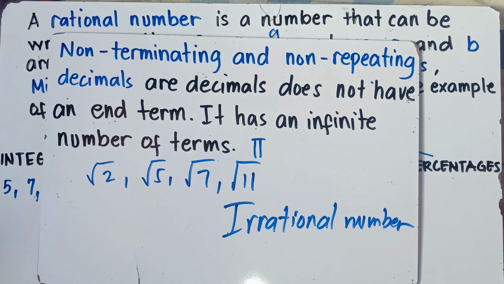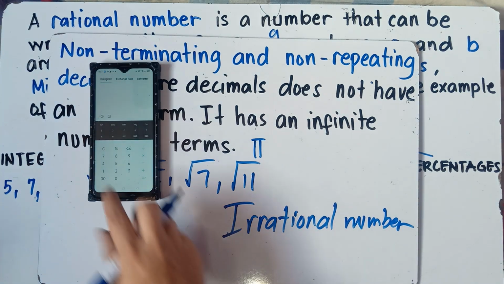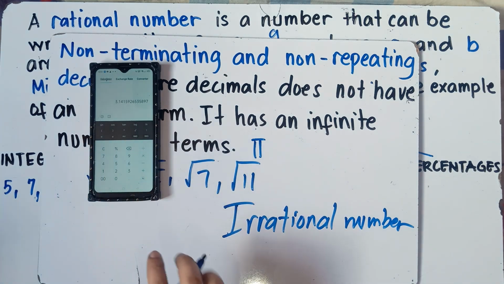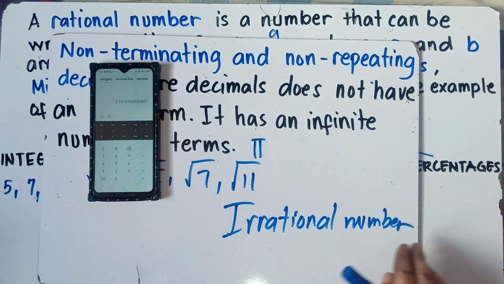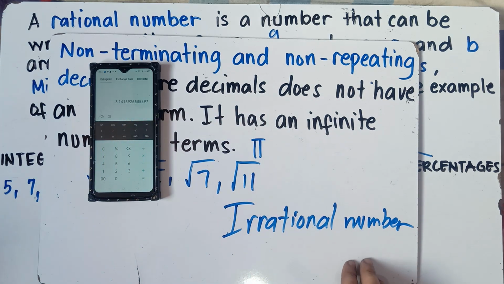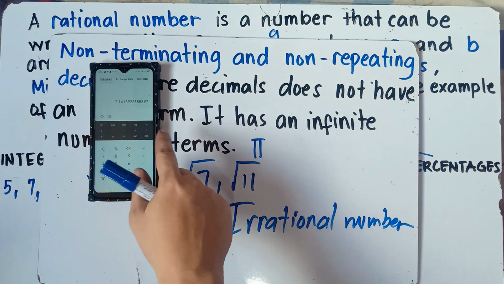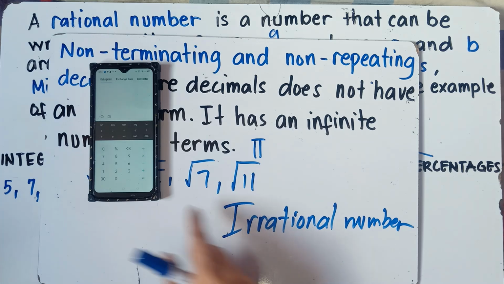Because if you get the value of pi, class, example, we use our calculator. We need to get the value of pi. Pi equals, you will have 3.1415926, and it is continuous, class. It is infinite. So 3.14159265. Example, square root of 2.